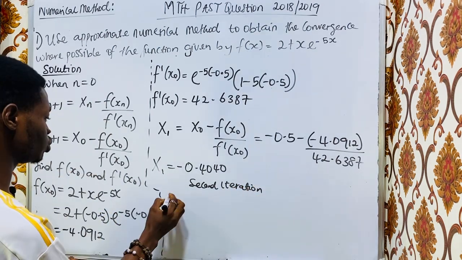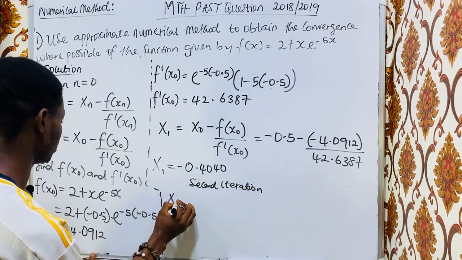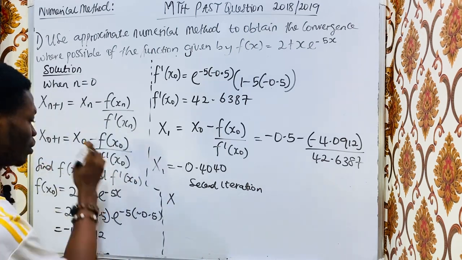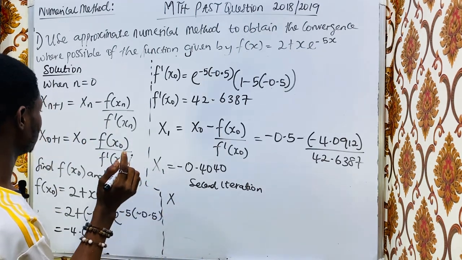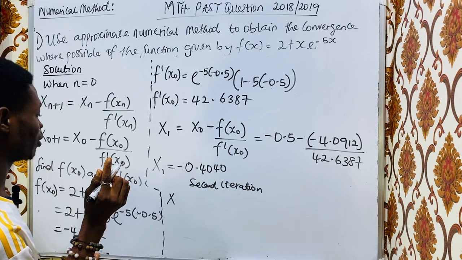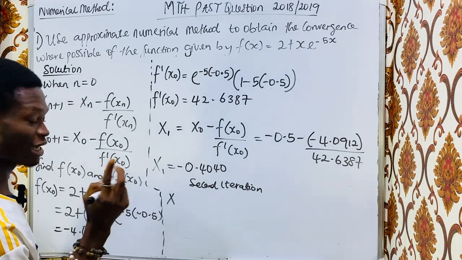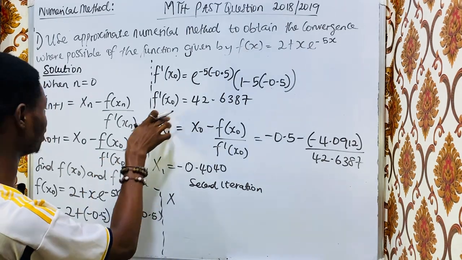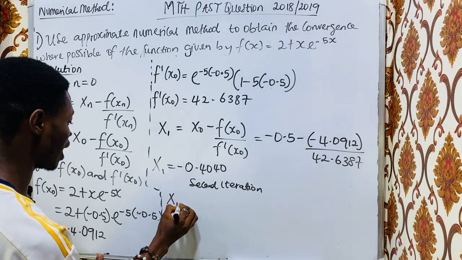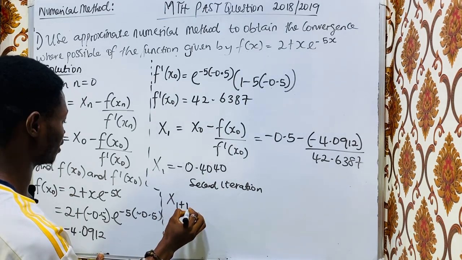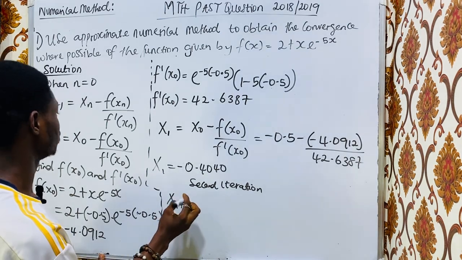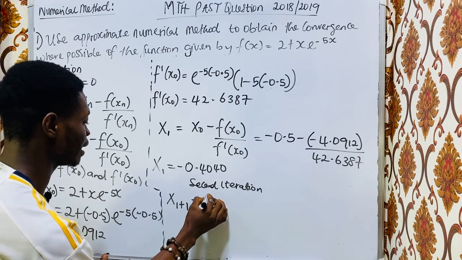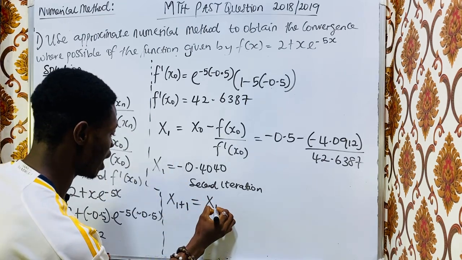Our x2 will now be x sub n plus 1, remember the formula. Which one are we looking for? x2, so it will be 1 plus 1. So x2 is equal to x1 minus f of x1 all over f prime of x1.